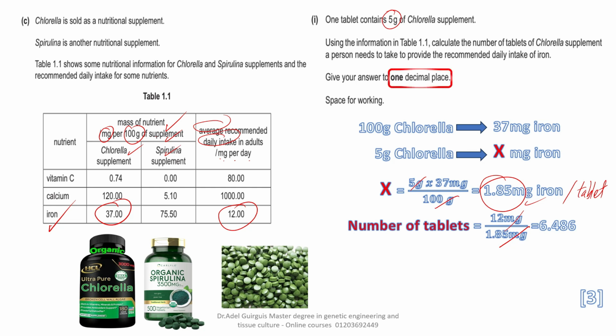But look please, give your answer to 1 decimal place. So we have to approximate this figure to 6.5 tablets daily. Okay, this supplies the whole recommended daily intake of iron, I mean 12 milligram per day.